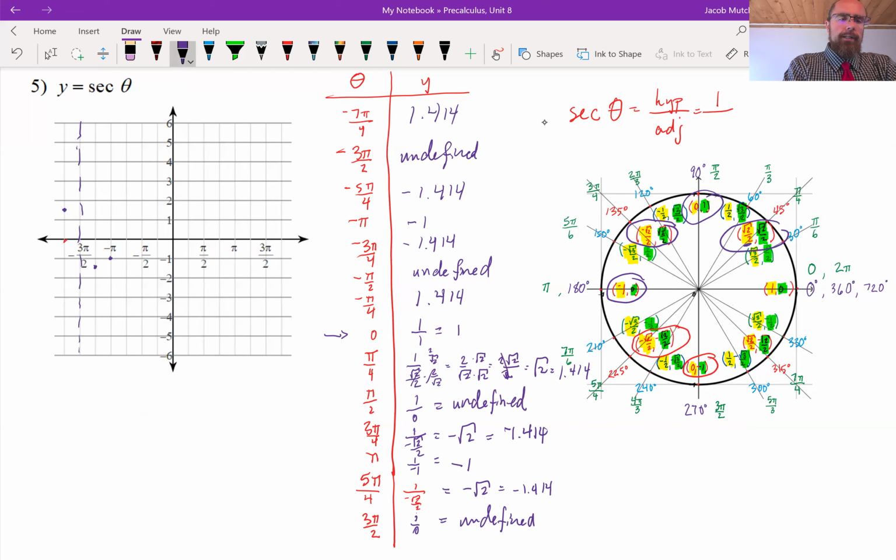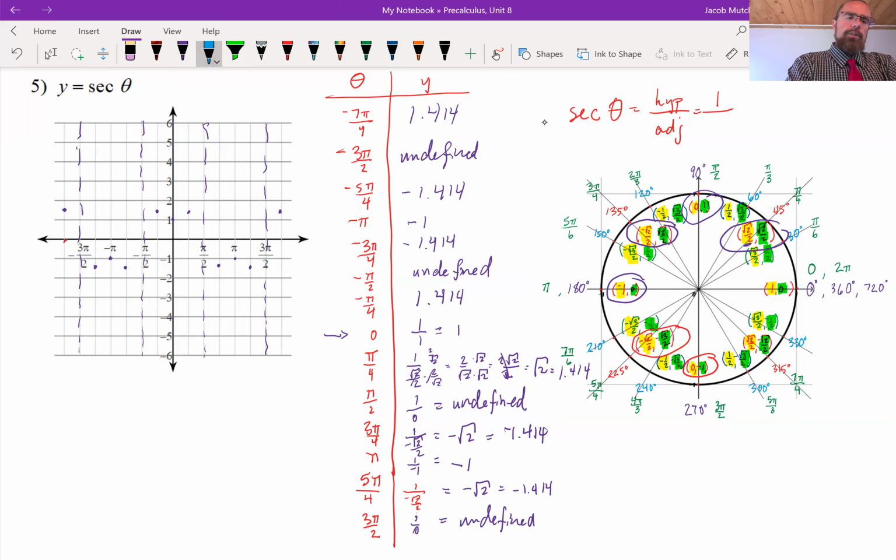Negative 3 pi over 4, negative 1.414, undefined. And then repeating the pattern on the positive side. So it's 1.414, 1.414, undefined. Now on the negative side, negative 1.414, negative 1, negative 1.414, undefined. And at this point, I'm not even looking at my table.